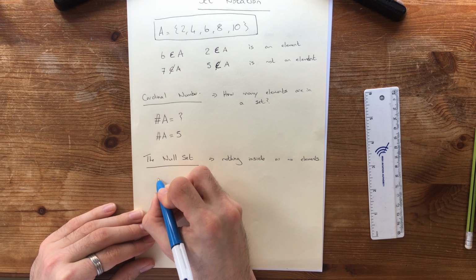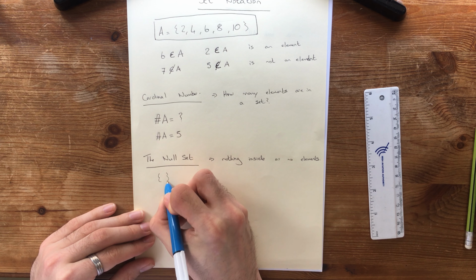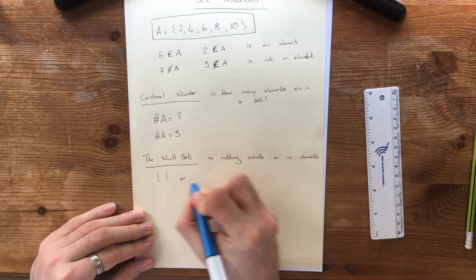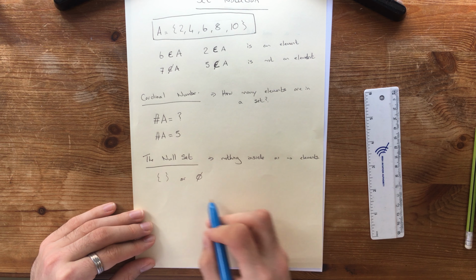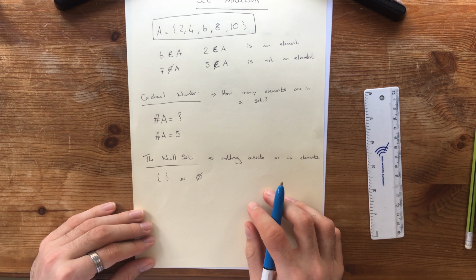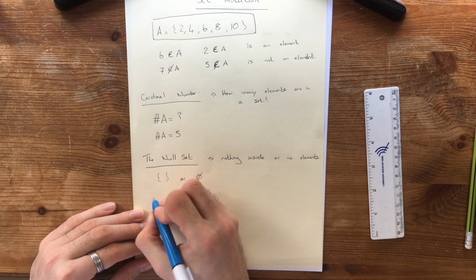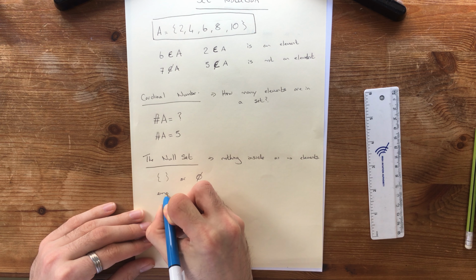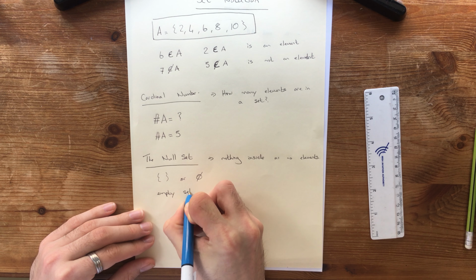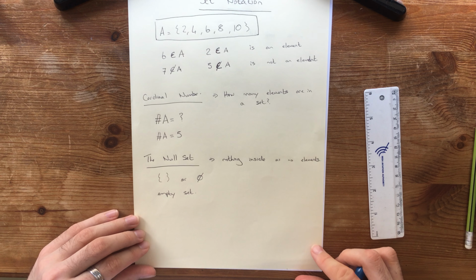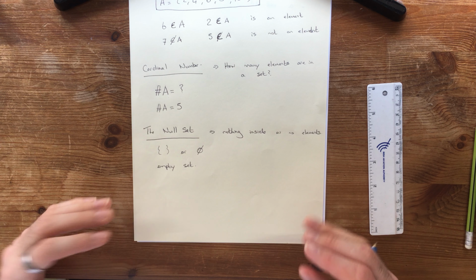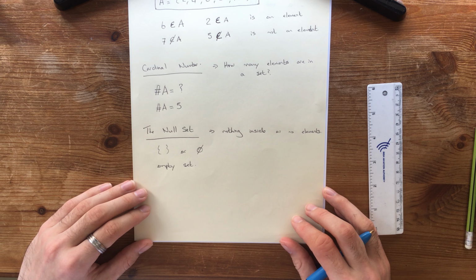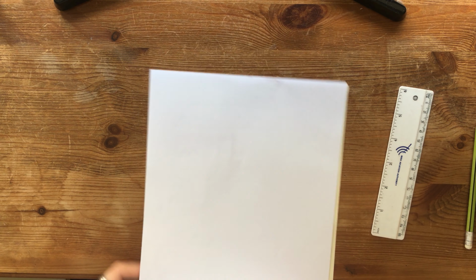You can draw it with just the two brackets like this, or you can draw it as a circle with a line through it. So that's the null set, and it just means that there's nothing inside it. It can also be called the empty set. That's another name for it. It just means there's nothing in there, and that will become important in some questions that you might be asked.